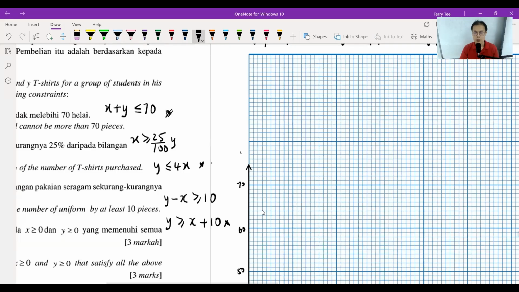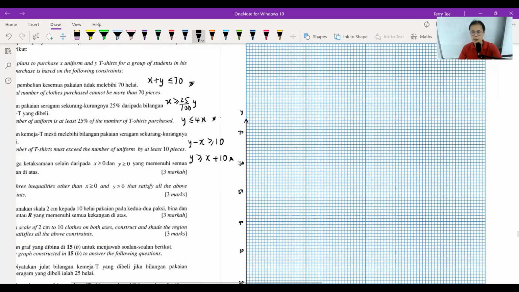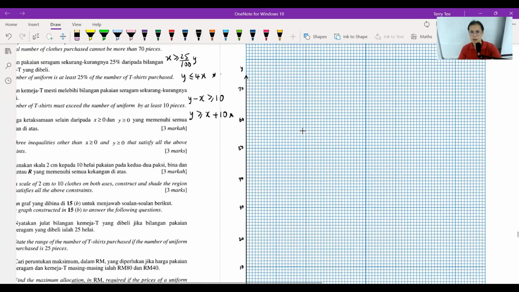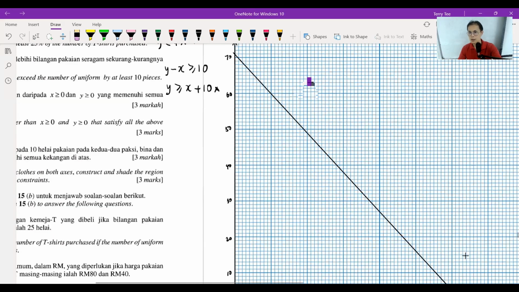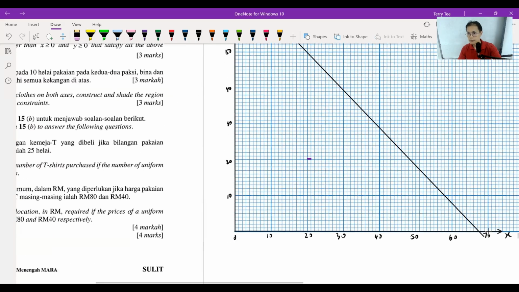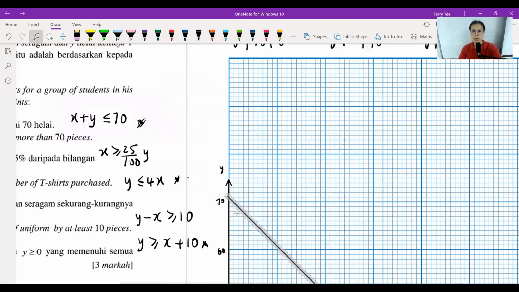Okay, this is your y. So I'm going to add in the lines here. The first one is 0, 70 and 70, 0, which means it should be here. This point at 70, let me adjust it. Another one at 70 here. Just adjust the top part. This is 70.